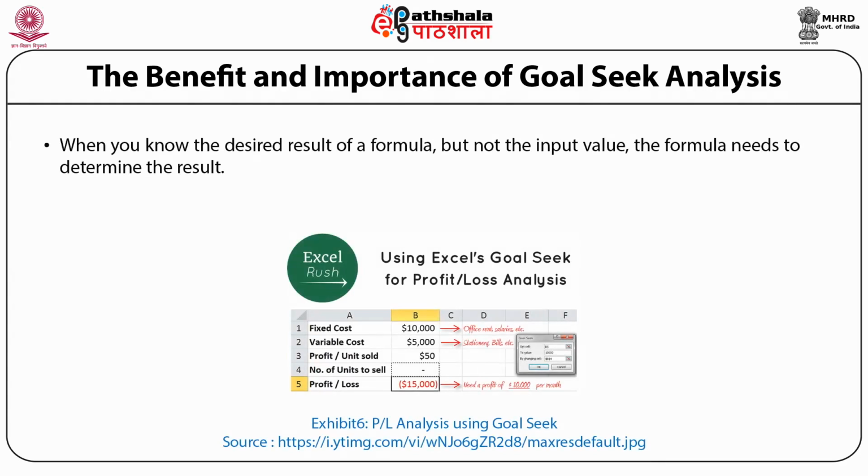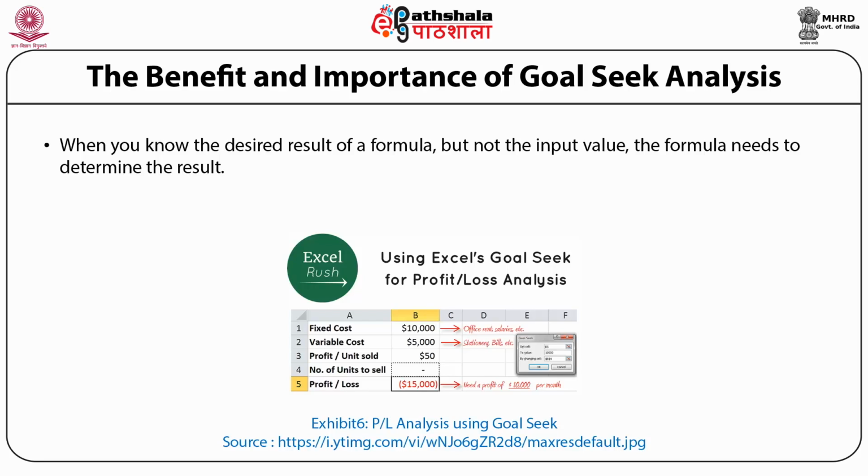When you know the desired result of a formula, but not the input value the formula needs to determine the result, this is an interesting application of the goal-seek analysis. It back-solves the problem and finds the input value that satisfies the requested output value.